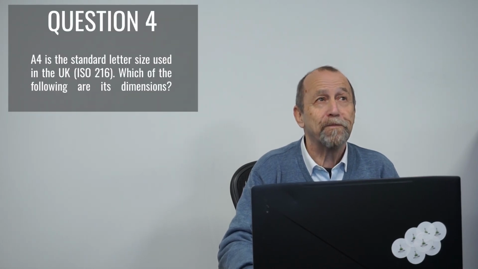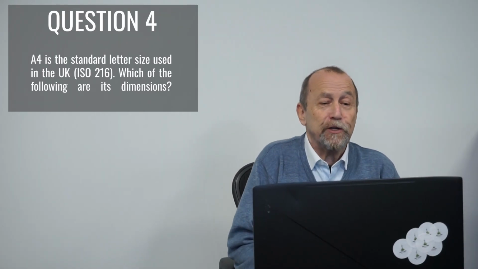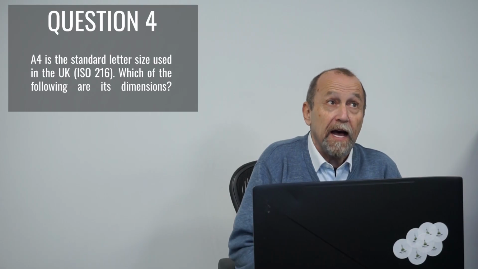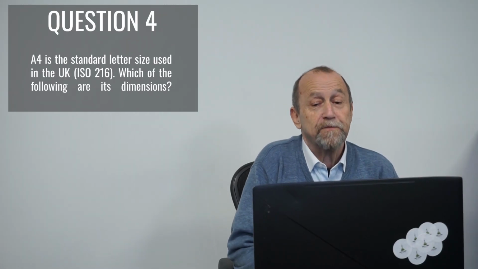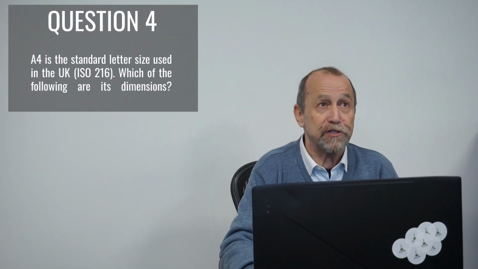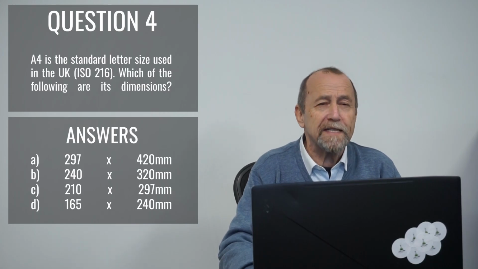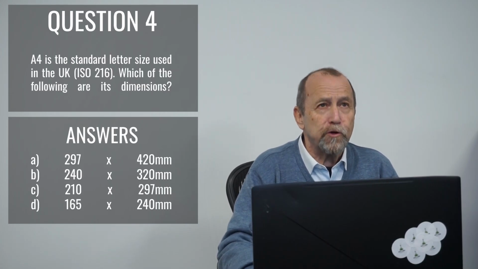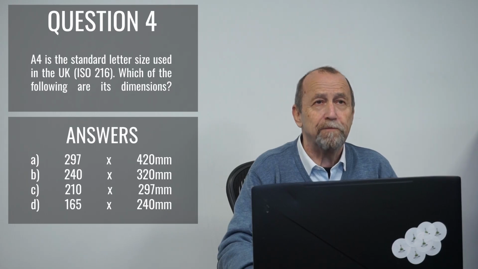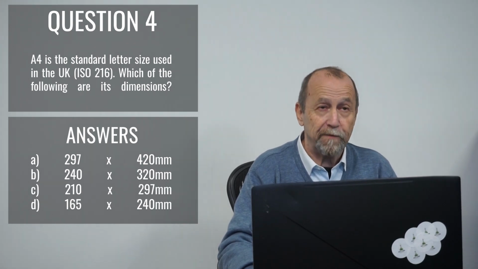Question 4. A4 is the standard letter size used in the UK under ISO 216. Which of the following are its dimensions? The options are 297 by 420 millimetres, 240 by 320 millimetres, 210 by 297 millimetres, or 165 by 240 millimetres.